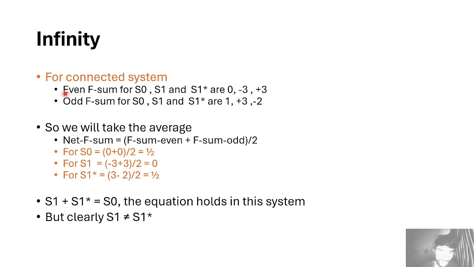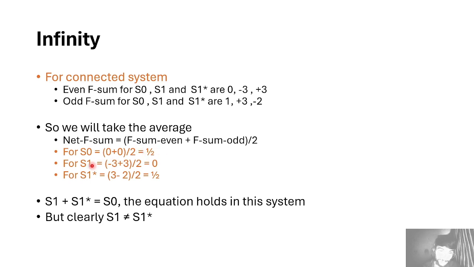Now you will have the even f sum for three of the waves, and the odd f sum for three of the waves. Now you take the average of them. So the average of S0 turned out to be 1 by 2, and that's correct. We did get the value 1 by 2 in our case.